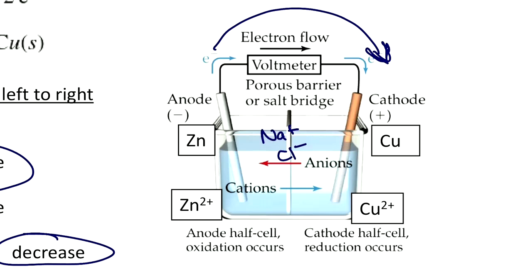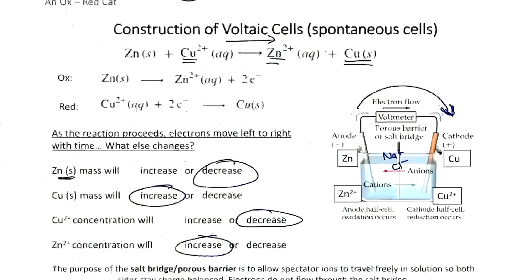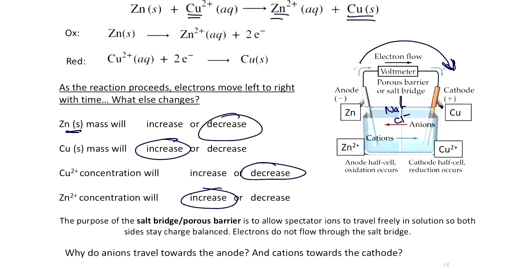So our spectator ions will move across that porous barrier in order for the sides of the half reactions to stay charge balanced. So if you look here, it says anions will travel towards the anode and cations will travel towards the cathode. So anions such as chloride, cations such as sodium plus. These are our counter ions.